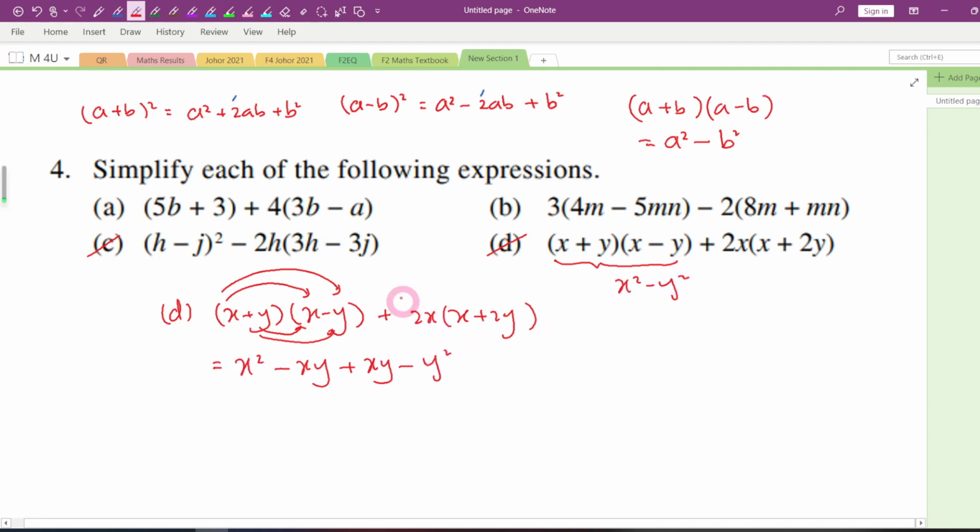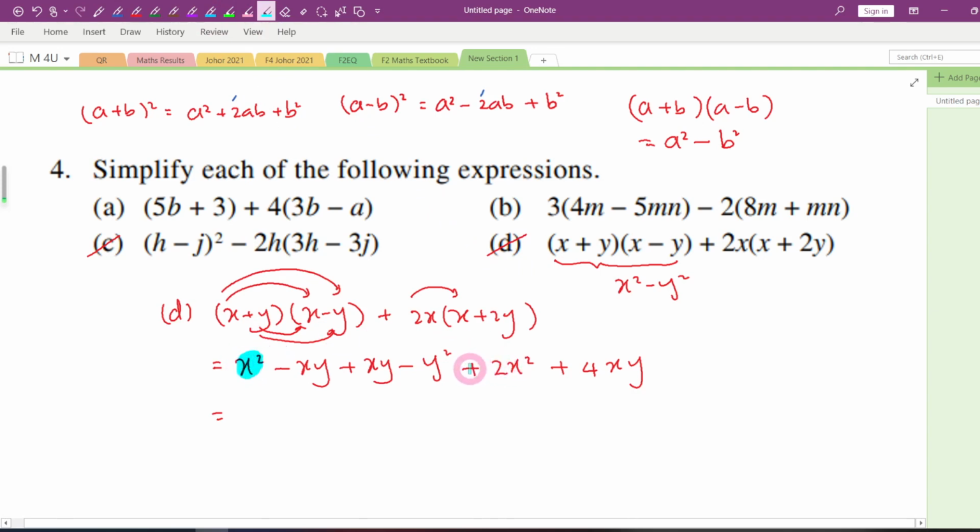Okay, now we don't write positive or negative first. Here, we just look at the sign here. Positive, positive, get positive. Okay, 2x times x, you get 2x squared. So positive, positive, you get positive. 2 times 2, you get 4xy. Okay. Now we look at the like terms. So let me do this way, highlight for you, so easier for you to see.